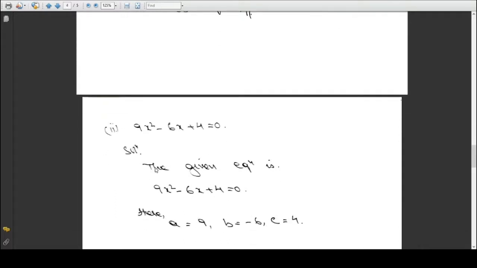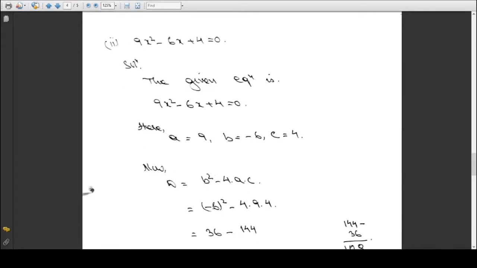Now number 2, the given equation is 9x squared minus 6x plus 4. Comparing this with the standard equation, A is the coefficient of x squared, which is 9, B is the coefficient of x, which is minus 6, and C is the constant, which is 4. The discriminant will be minus 6 squared minus 4 times A, which is 9, times C, which is 4. Minus squared is plus, 6 squared is 36. 4 nines are 36, 36 multiplied by 4 is 144.